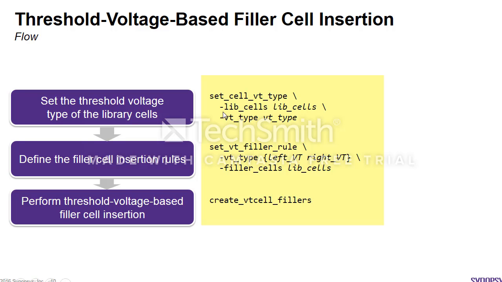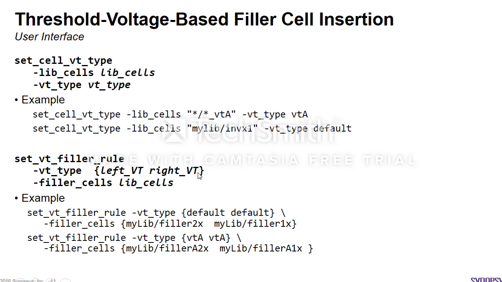You need to specify the cell VT type, between left VT and right VT. You will specify which kind of feeder cell will fill the gap, and then you use create VT cell feeders to fill the gap. This is the example.